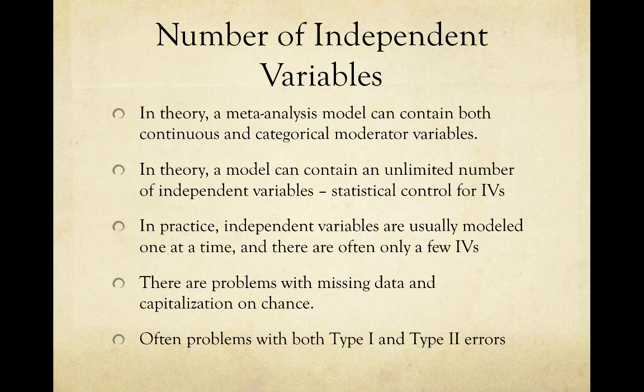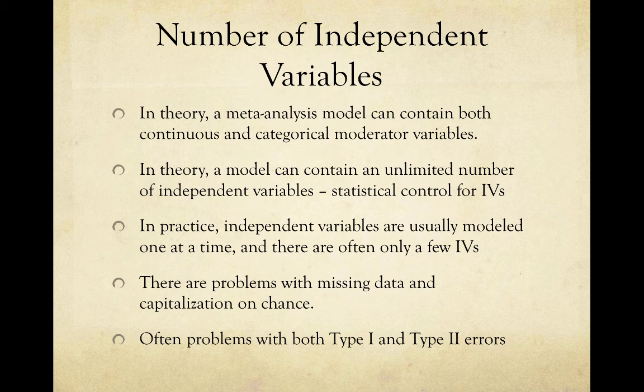Okay. In theory, meta-analysis can contain both continuous and categorical variables at once, and it can contain an unlimited number of independent variables, just like you could for regression. But in practice, most people wind up doing one independent variable at a time, and often there are only a few of them. The reason is we typically don't have very many studies.